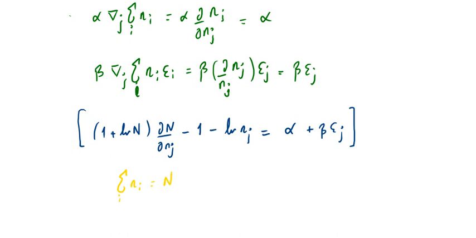So if you take a partial derivative, delta n over delta n_j, the only time it will make sense is when it is delta n_j over delta n_j. So this is 1. We see that delta n over delta n_j is just 1, so this term here simply is 1.